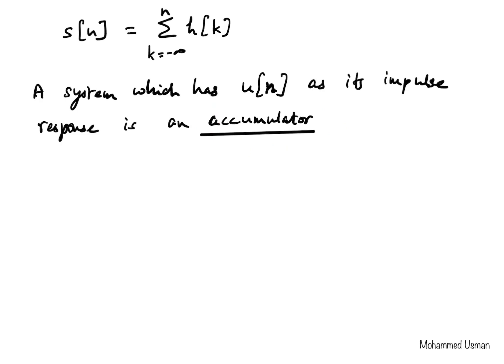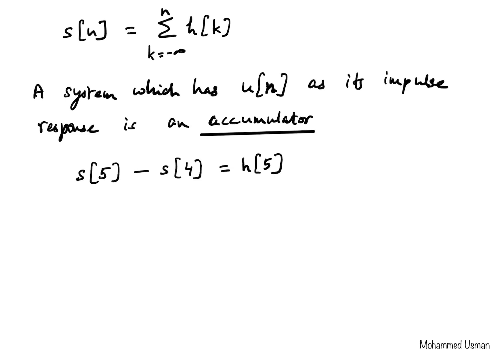If you wanted to extract any particular value of h, for example h of 4, we just need to subtract the current sum from the previous sum, and we get the last value that was added to the sum. For example, if we had s of 5 and subtracted s of 4 from it, that should give us h of 5.